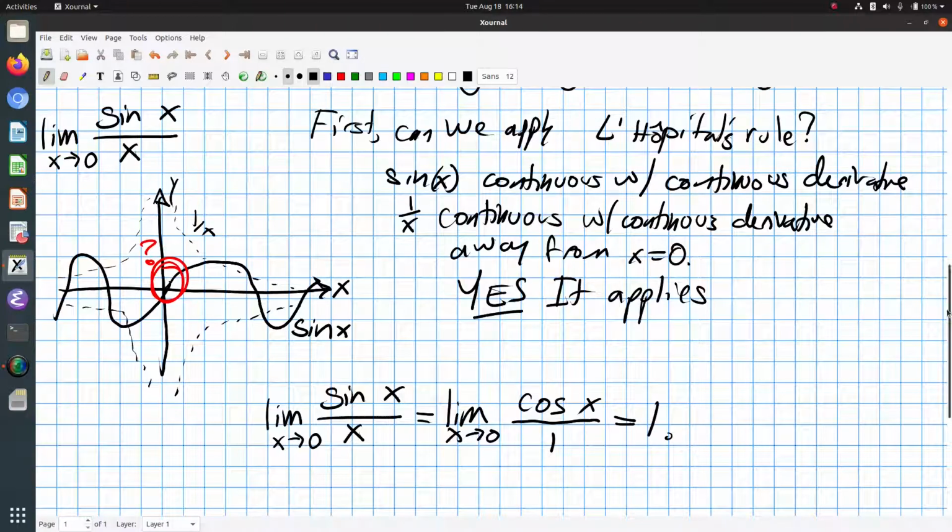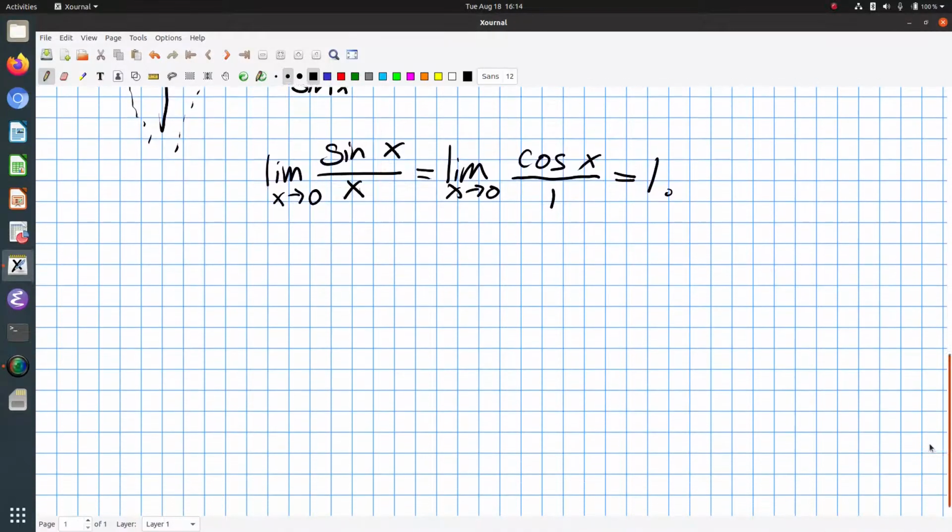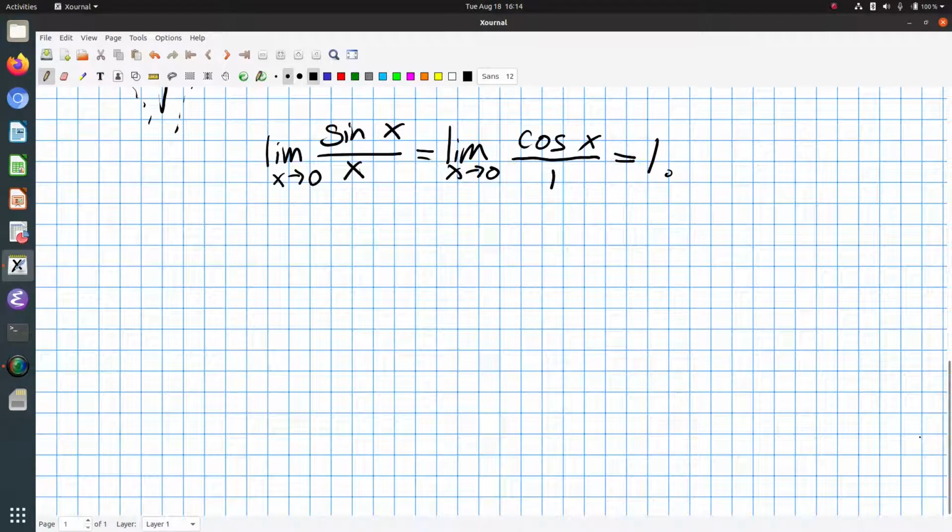Now, one of the things that can happen when you're evaluating various kinds of limits with L'Hopital's rule is that it might be a little bit mysterious as to which function you want to select. To give you an example of what I mean, let's consider this limit.